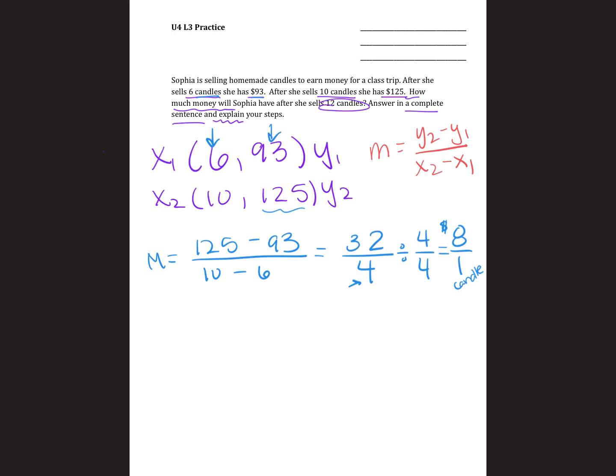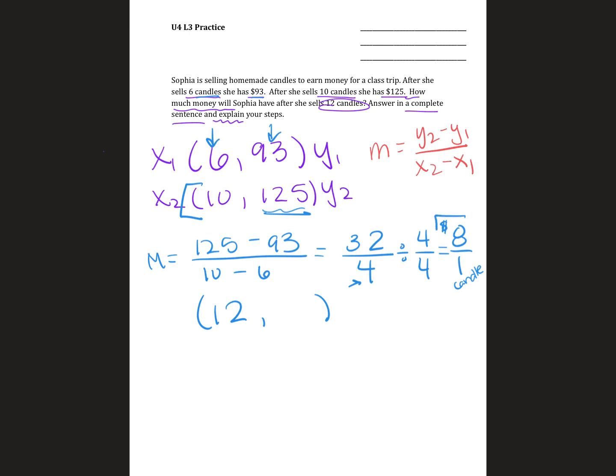Okay. So let's go back and try to answer the question. The question says, how much money will she make for selling 12 candles? So we're going to add a 12. And we don't know. But here's what we do know. When she sold 10 candles, she had $125. So to get from 10 candles to 12, we're adding 2 candles.